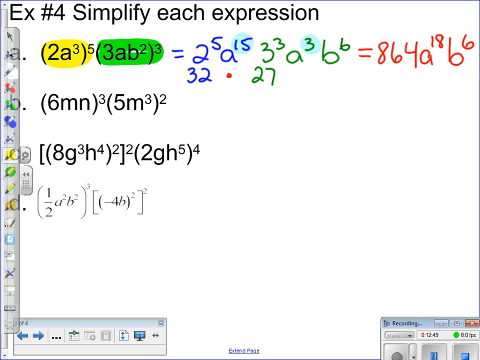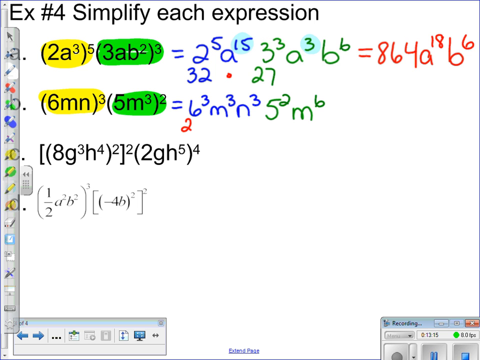All right, now the second one. Let's do the first part. 6 cubed, m cubed, n cubed. Everything got cubed. The second part. 5 squared, m to the 6th. Now let's work out what 6 cubed is.